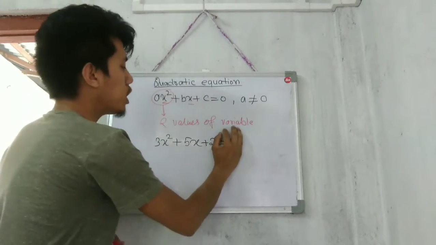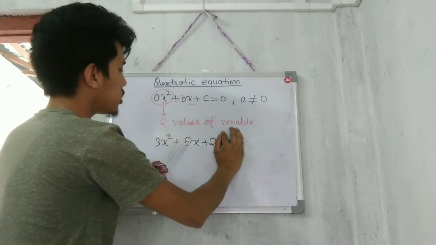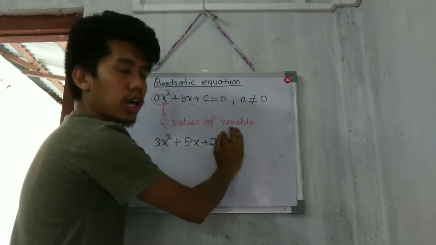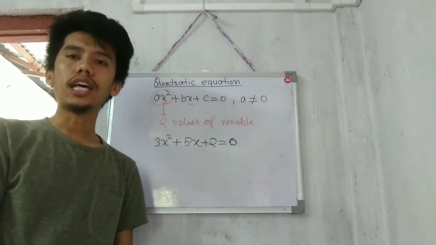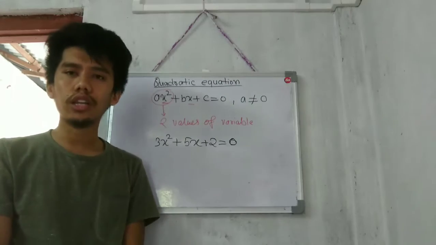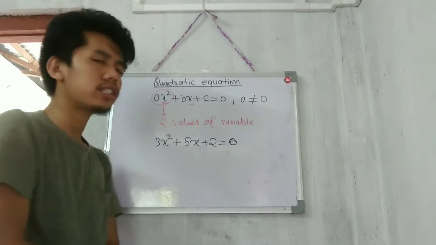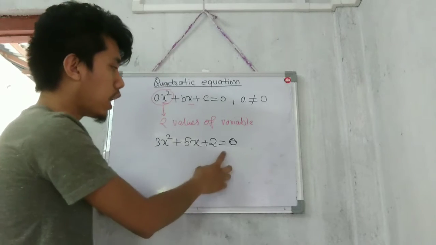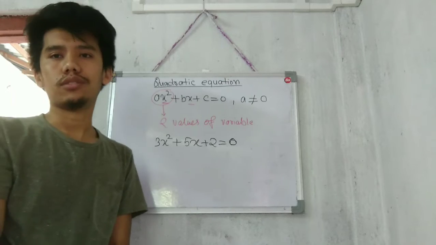If we omit the equal to 0 part for a moment, what we have here is 3x square plus 5x plus 2. We call this part a trinomial. In the last video I told you that because we have 3 terms, we call it a trinomial, or simply a polynomial. As we have equal to 0, now this becomes an equation.